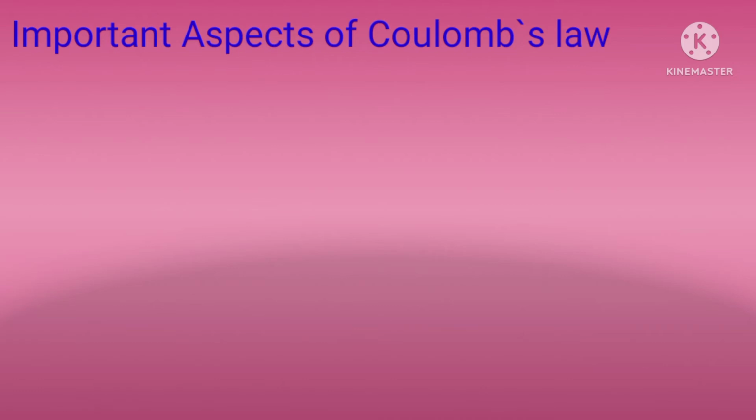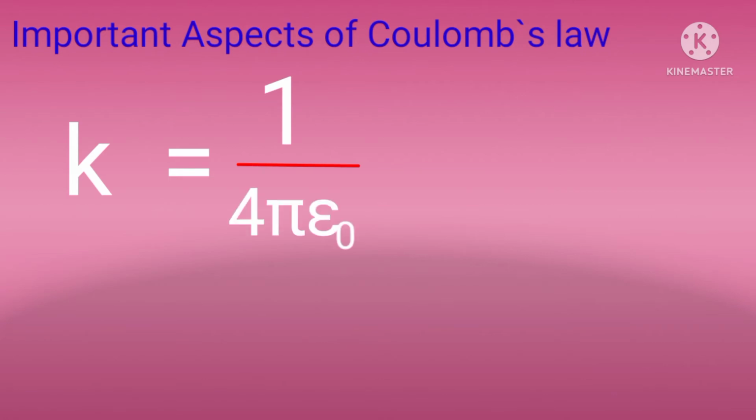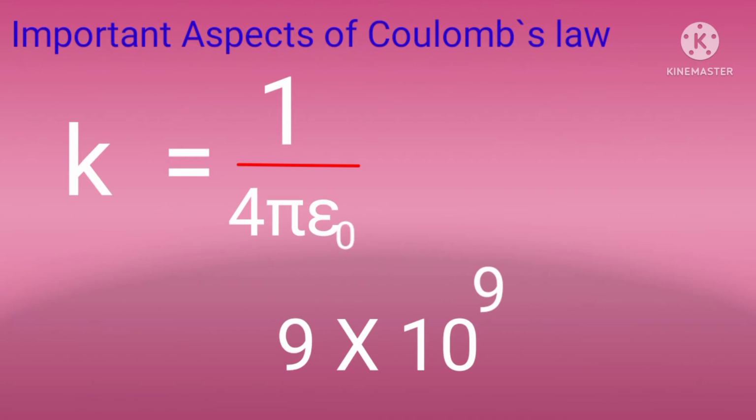Then in SI units, k equals 1 by 4 pi epsilon 0 and its value is 9 into 10 power 9 Newton meter square Coulomb raised to minus 2.